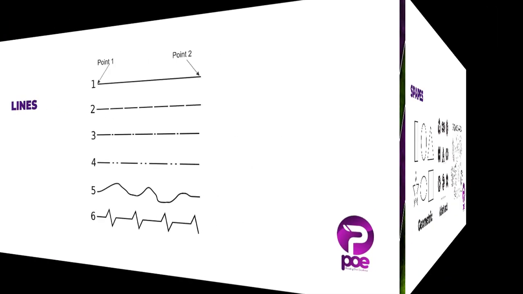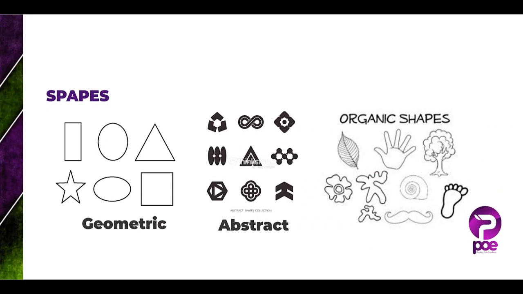Shapes are a two-dimensional defined area created by lines. Shapes include geometric shapes, abstract shapes, and organic shapes. You can see on the screen the geometric shape, the abstract shapes, and the organic shape, so you see what they actually look like. Geometric shapes are the normal shapes, the square, the rectangle, the circle, and all that.